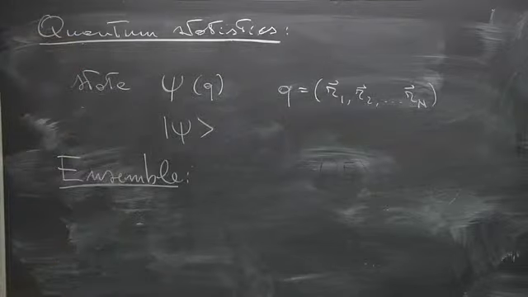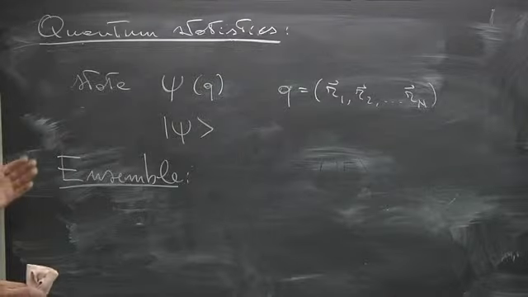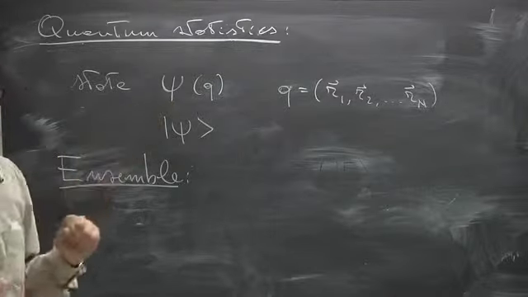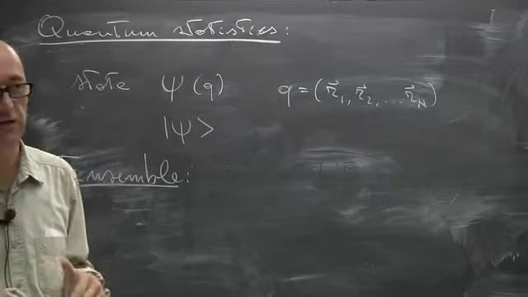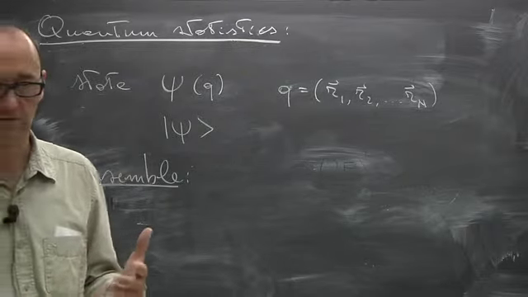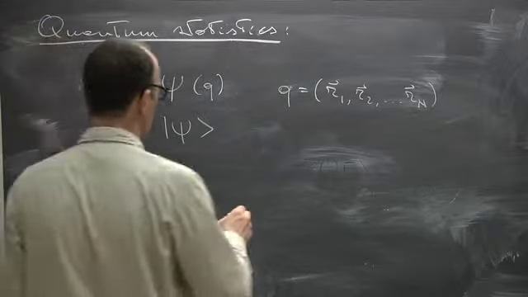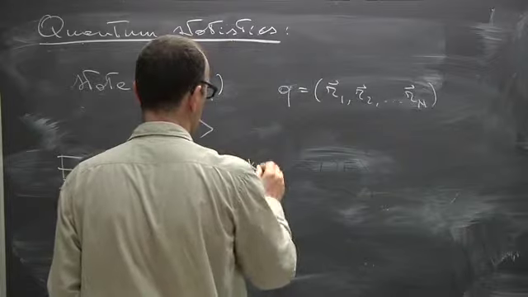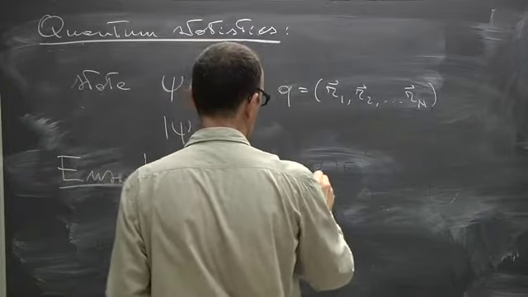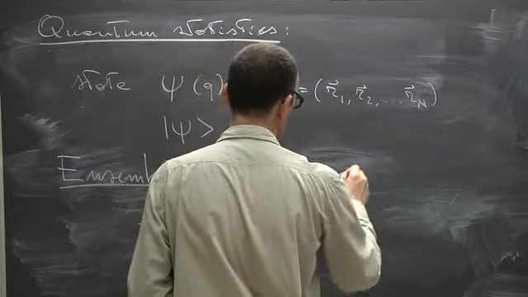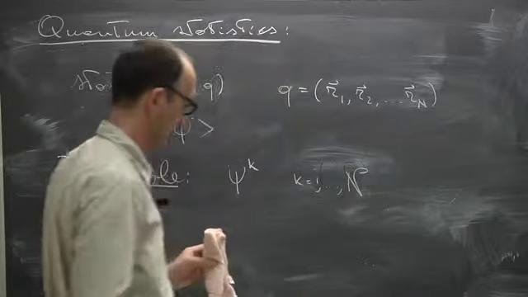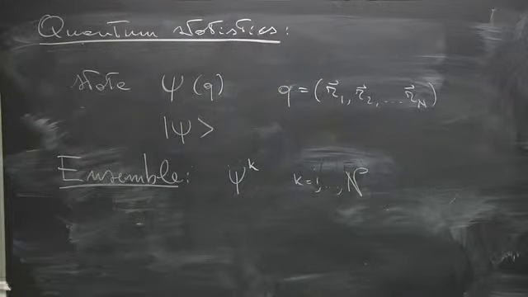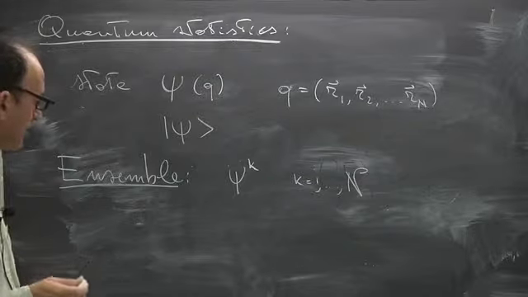And in the quantum case, since each state is described by a wave function, an ensemble will be a collection of wave functions, where this k will go from 1 to this curly N, which is in principle infinite.